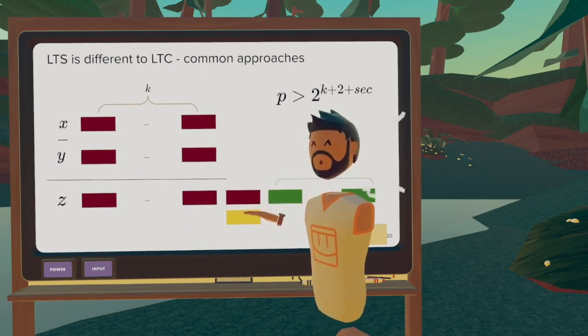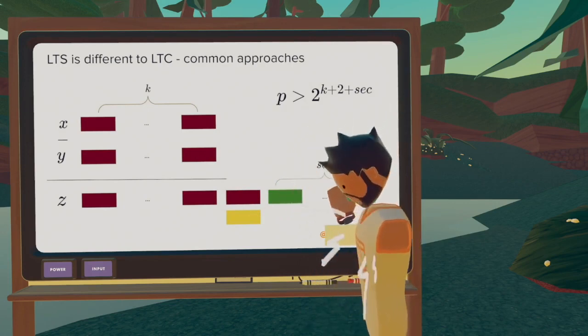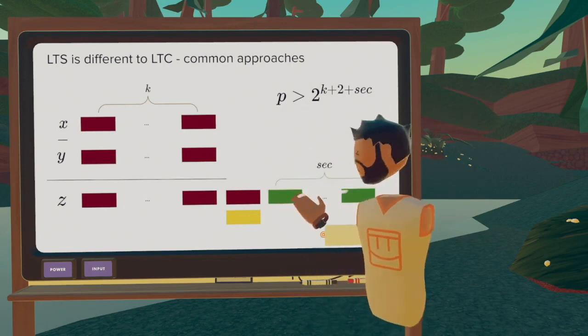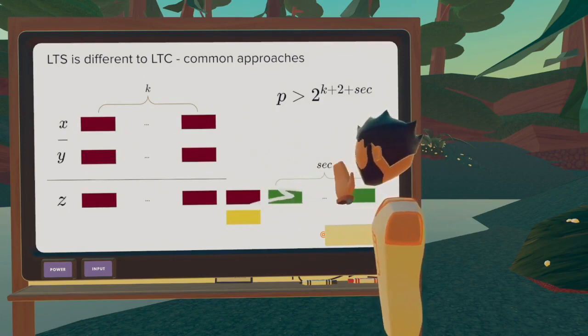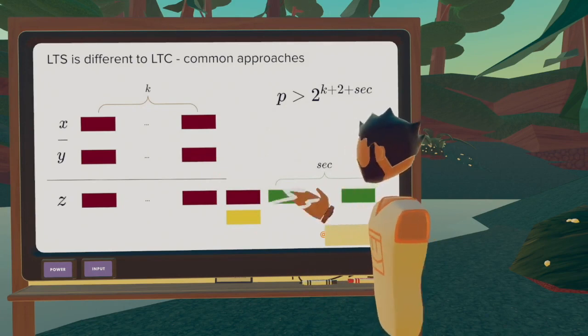So we have this extra bit of information. Basically, this is just adding 2 to the k, and then we mask z with enough entropy. So we usually mask this with k plus 2 plus sec bits, and we open that.